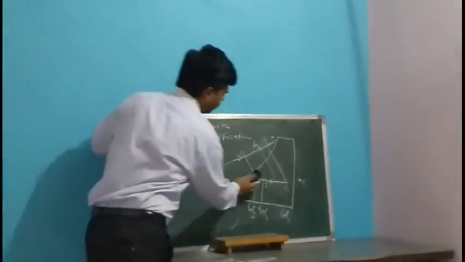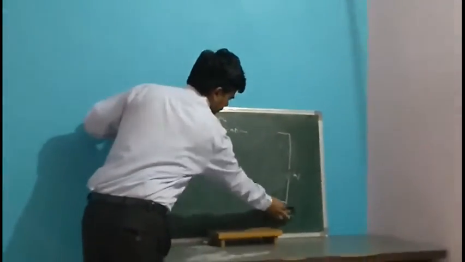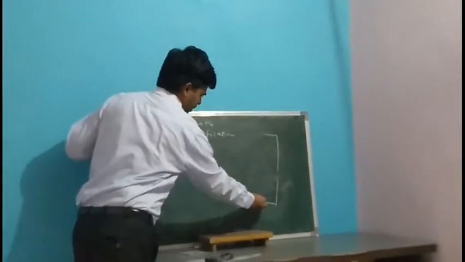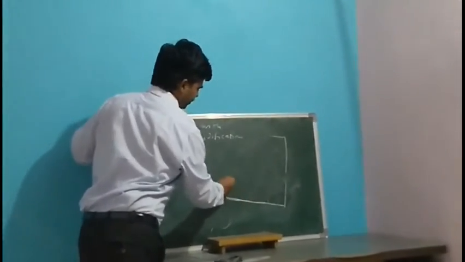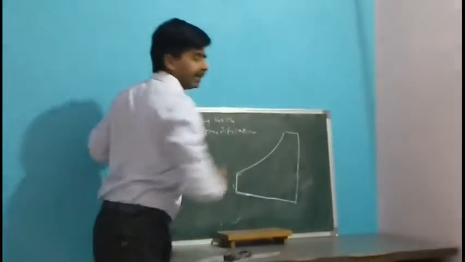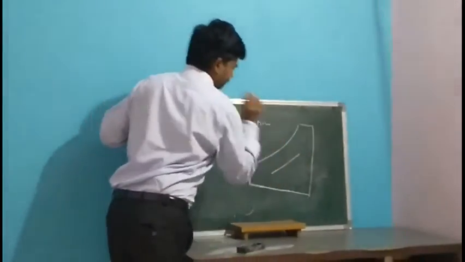As we know, in cooling with dehumidification, the DBT has to decrease, and since it is dehumidification, the specific humidity has to decrease.